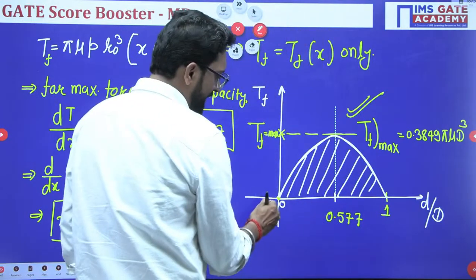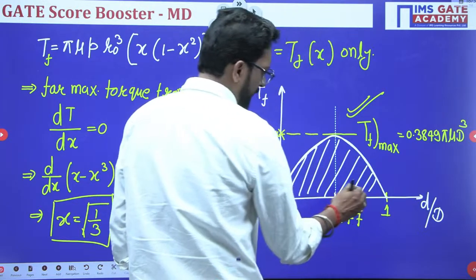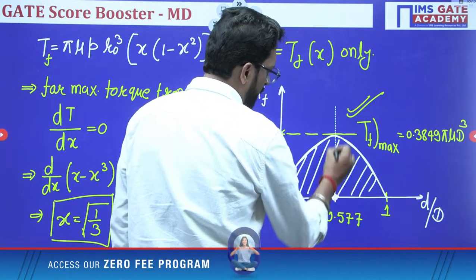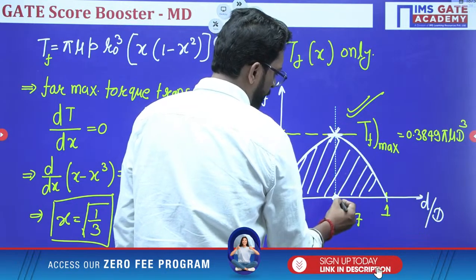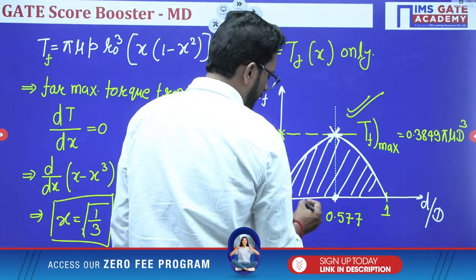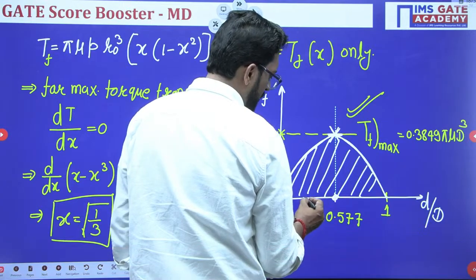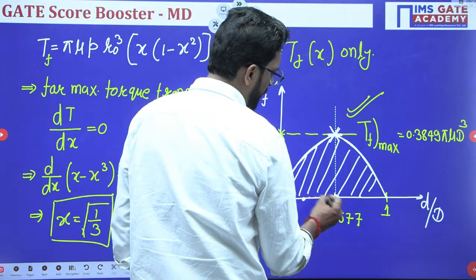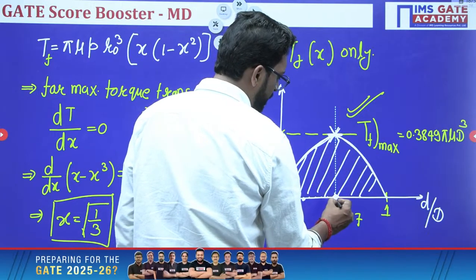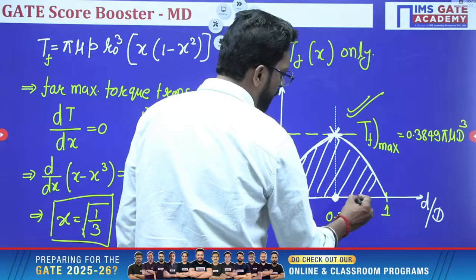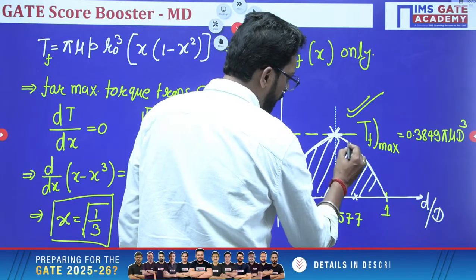So there is a certain value of d by D where the torque is maximum, and we have to design according to this. Let's suppose you are taking a d by D ratio here. Now, if you increase it, the torque will increase. Once it reaches 0.577, if you increase d by D again, it will decrease.